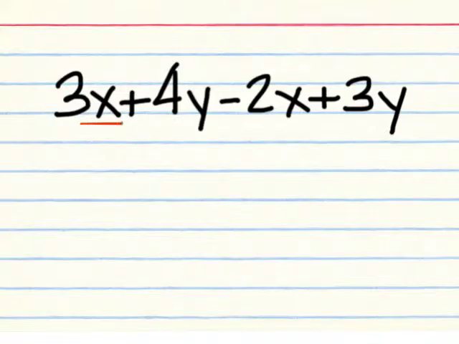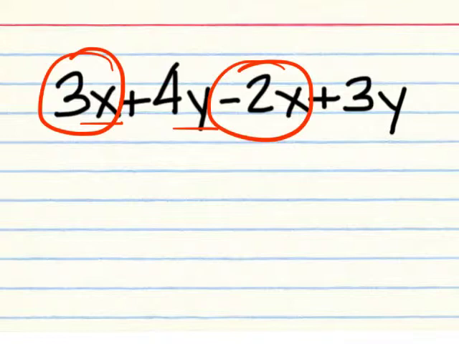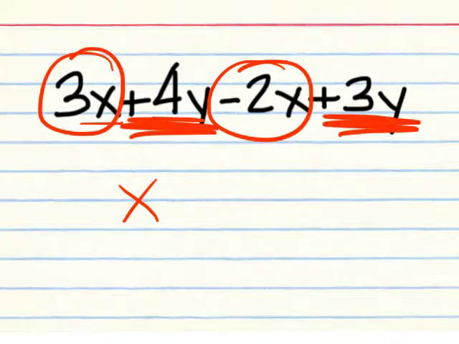In this example, you have an x and a y. You have x to the first, y to the first terms all the way through. Do them in alphabetical order. 3x minus 2x is simply 1x. And then 4y plus 3y is 7y.